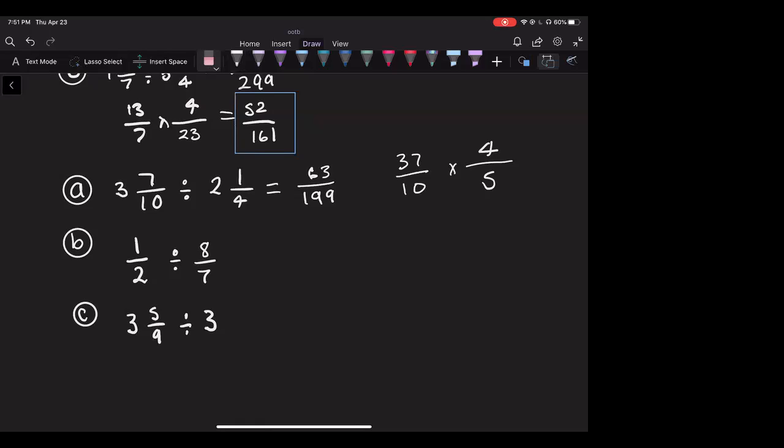Arush? And then you should get 37 times 4, which gives you 148 over 50, which would then be 74 over 25.